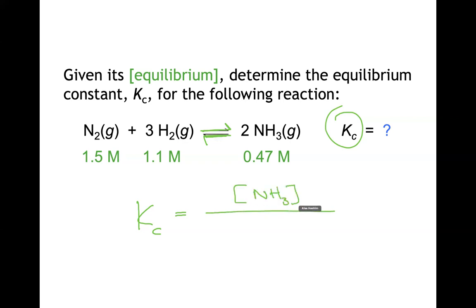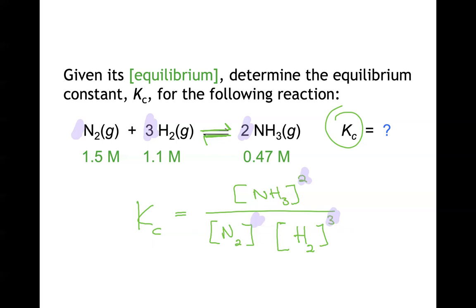We have ammonia, and we have 2 moles of ammonia, so we're going to raise it to 2 over the concentration of the reactants. We have 1 mole of nitrogen gas reacting with 3 moles of hydrogen gas, so that's where that 3 comes from. And for nitrogen, it's simply 1, so we're really not including anything.